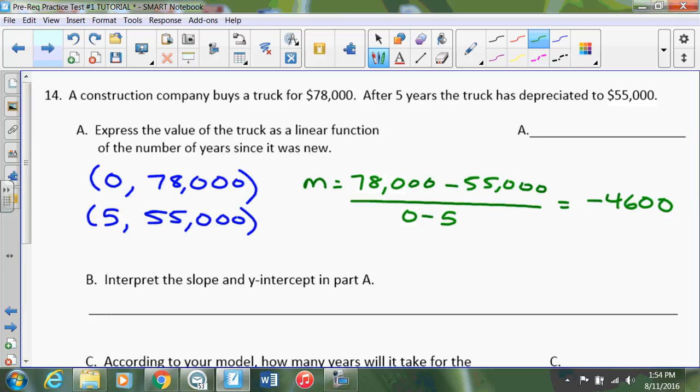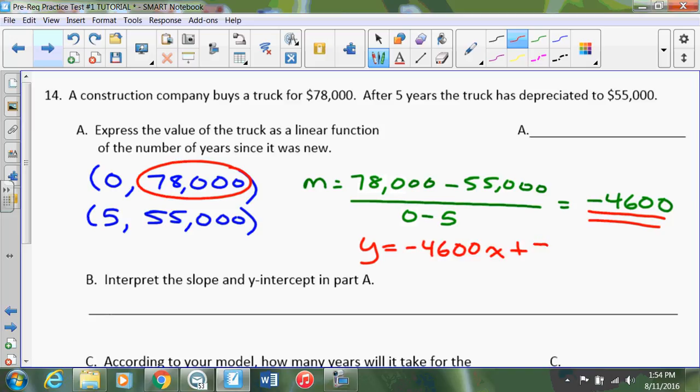So we're almost there. That's my slope. I'm almost done, because I don't have to figure out my y-intercept since they gave it to me. My y-intercept always represents the initial value, or the beginning. So we already have the 78,000. We can put it together: the slope is negative 4,600, and the y-intercept is 78,000.